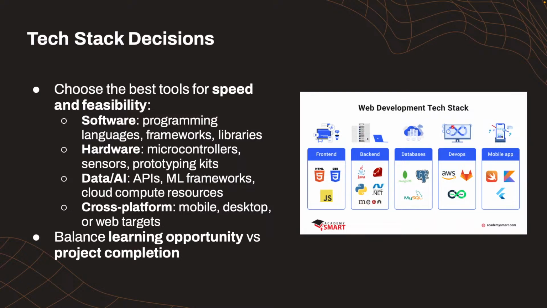For web dev, you can do React, Angular, Vue, and there are different libraries you can use. For hardware, you may think about different microcontrollers, sensors, and prototyping kits. For AI and data, there are AI APIs, frameworks, and other cloud compute resources. And then you also have to think about whether you want to make it cross-platform, depending on what tech stack you use.